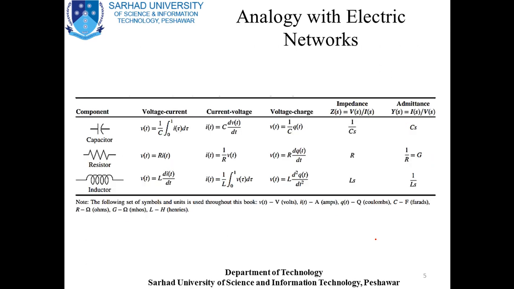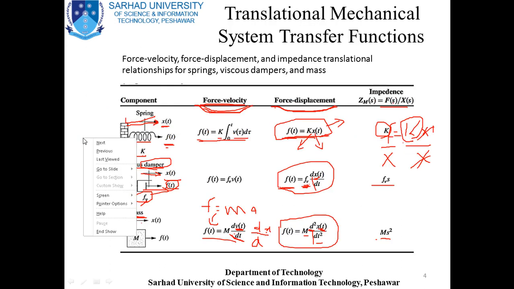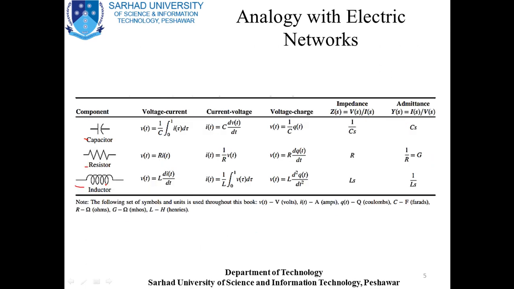Now let us see the analogy between the electric networks and the mechanical networks. In electrical networks there were three components: R, L and C. Similarly, there are three basic components in the mechanical system: mass, spring and damper.